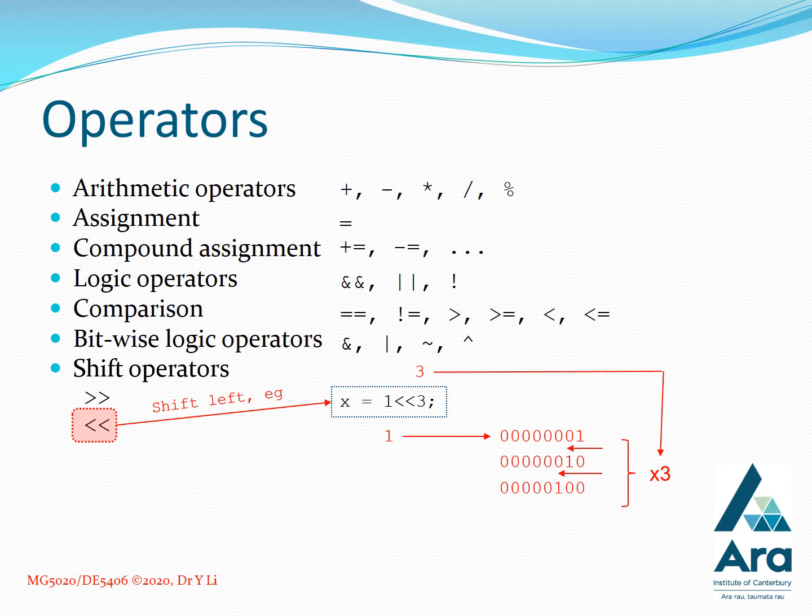Shift it again, and shift it again. Now, after 3 shifts, the 1 is, as you can see, in bit position 3. So that expression, 1 shifted 3 times, actually sets the 1 in bit 3 of the binary number.